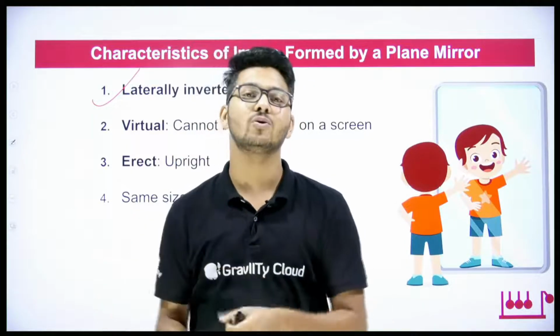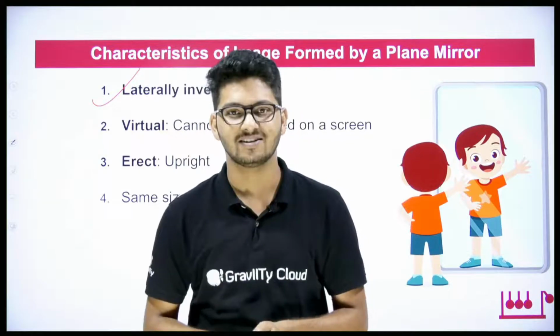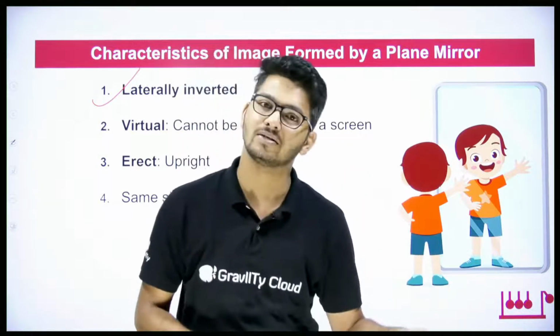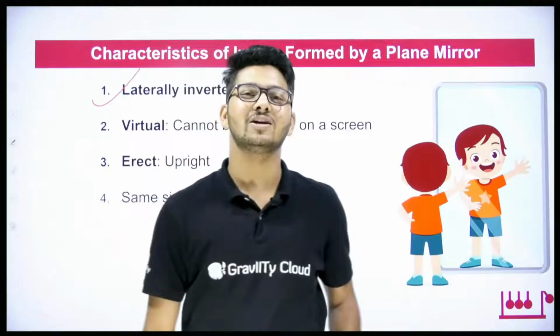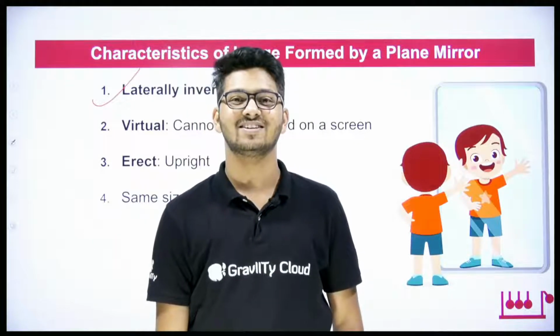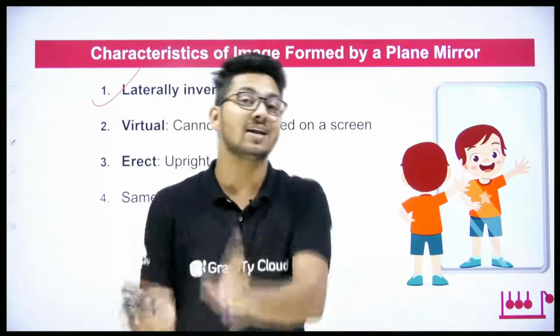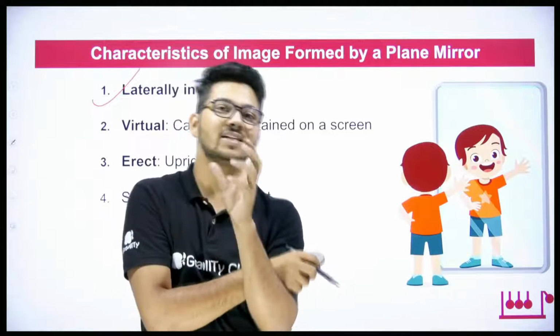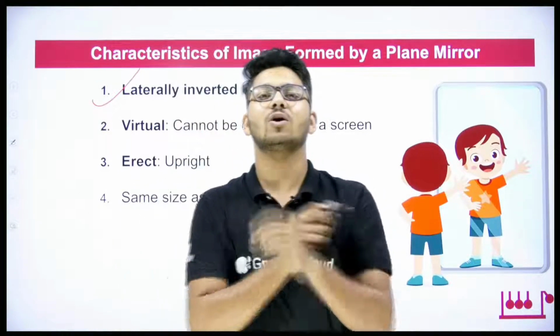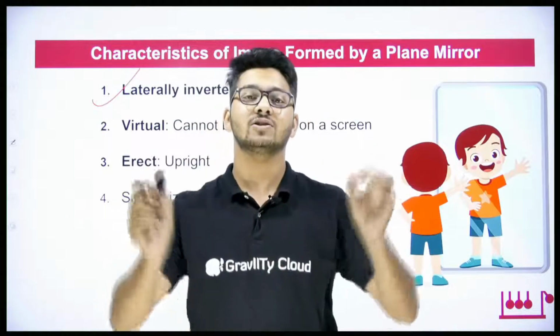Your image will appear to eat with the left hand. And if you are a left-handed person eating with the left hand, your image will appear to eat with the right hand. That is, left becomes right, right becomes left. This change in left and right is called lateral inversion.